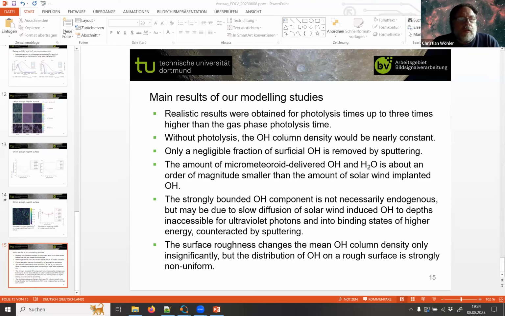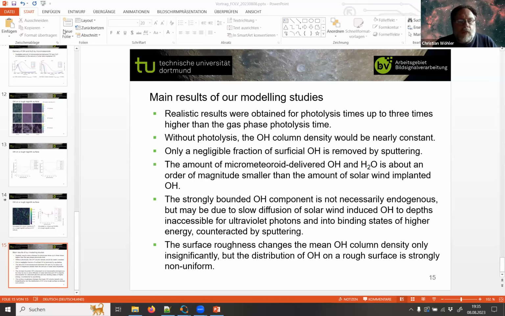So many works look at volatiles in permanently shaded areas, which are very cold and where different physical processes have a totally different relative importance than on the surface parts that are illuminated by the sun, which are warmer, and then suddenly temperature dependent processes become important that are totally absent in the shaded areas.